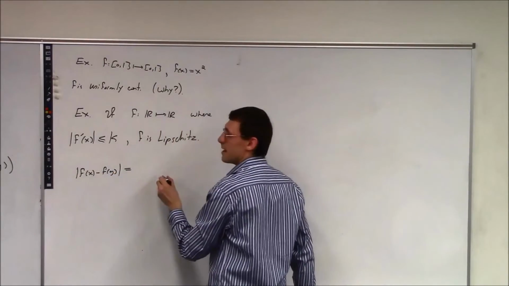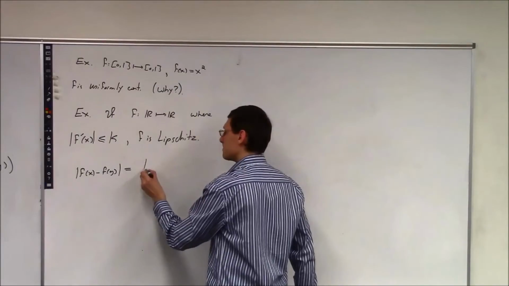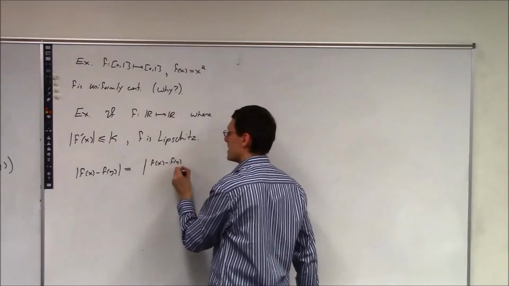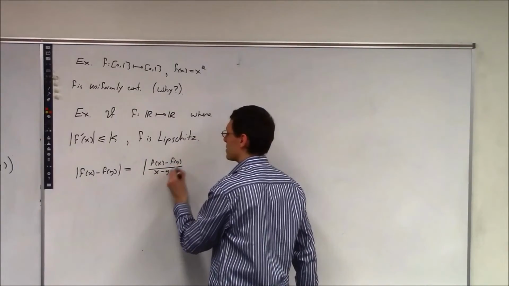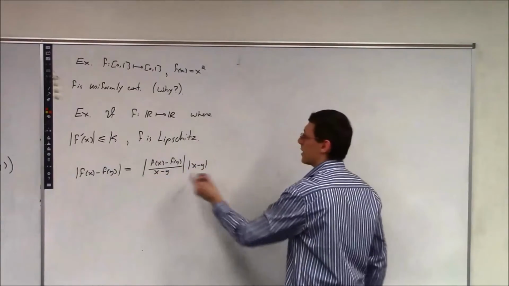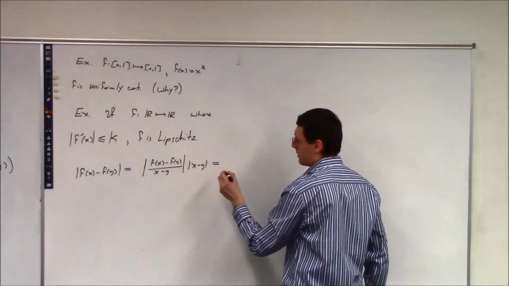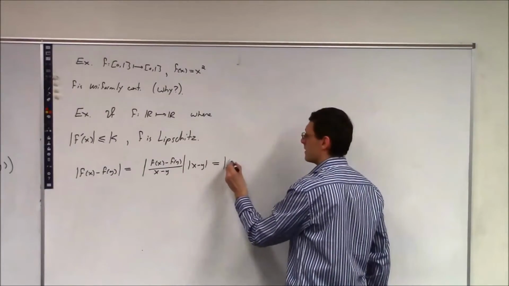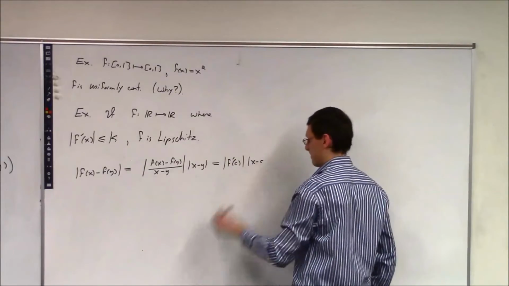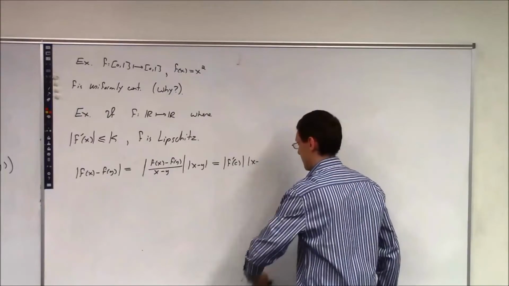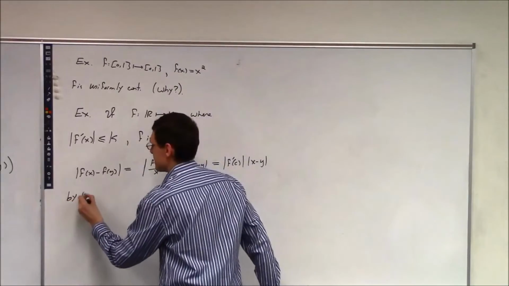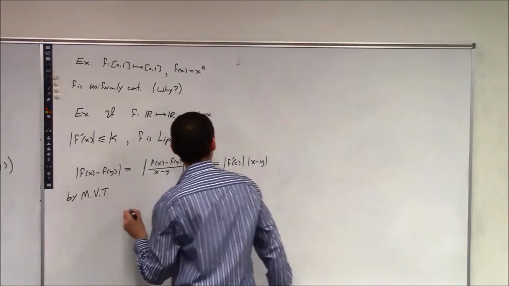This is the same as the absolute value of f of x minus f of y divided by x minus y, times x minus y. Now, by the mean value theorem, this is going to be some f prime of c. And that's by the mean value theorem.